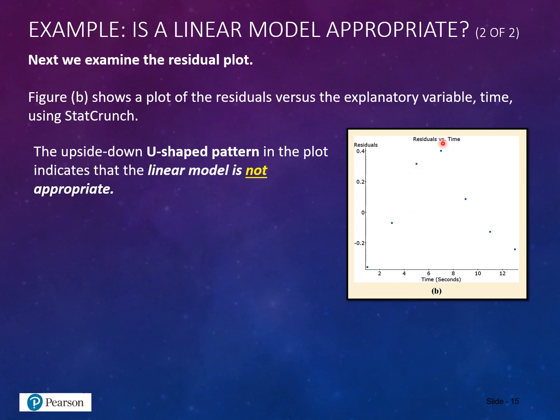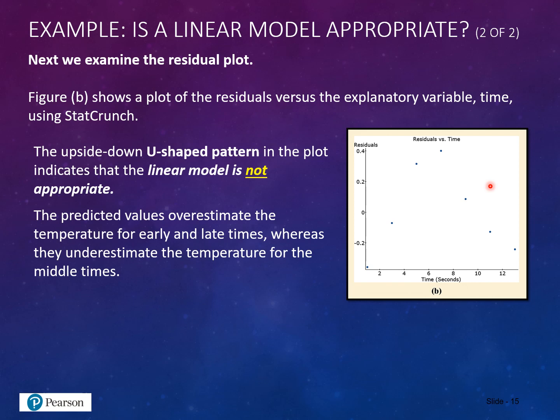Here we can see we have an upside down U pattern in the plot. And remember that if we see a pattern, then this indicates a linear model is not appropriate. In fact, the predicted values overestimate the temperature for early and late times and underestimate the temperature for the middle times. And so while it looked like we had a negative linear model, in truth, we do not have a linear model for this specific study.